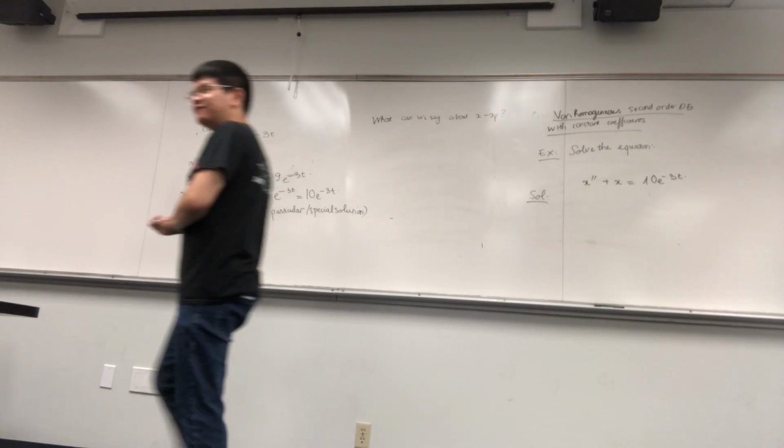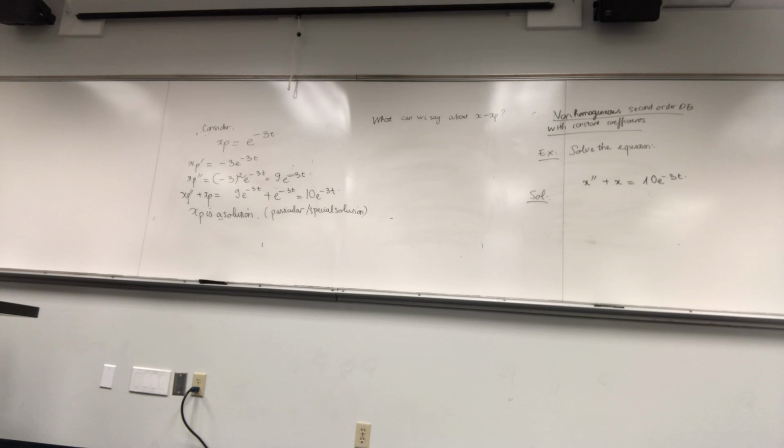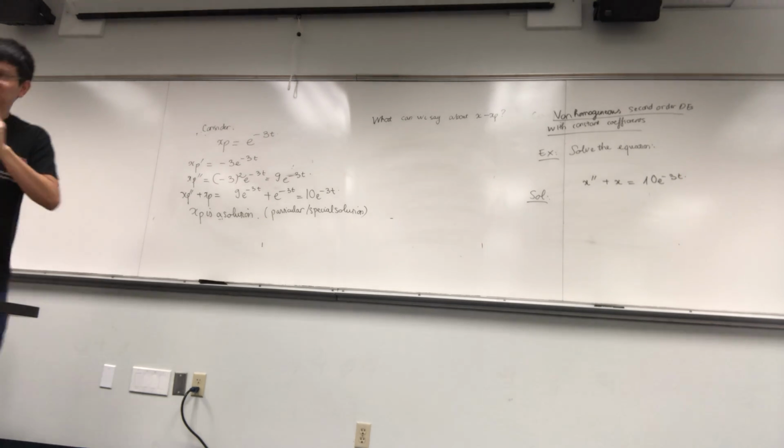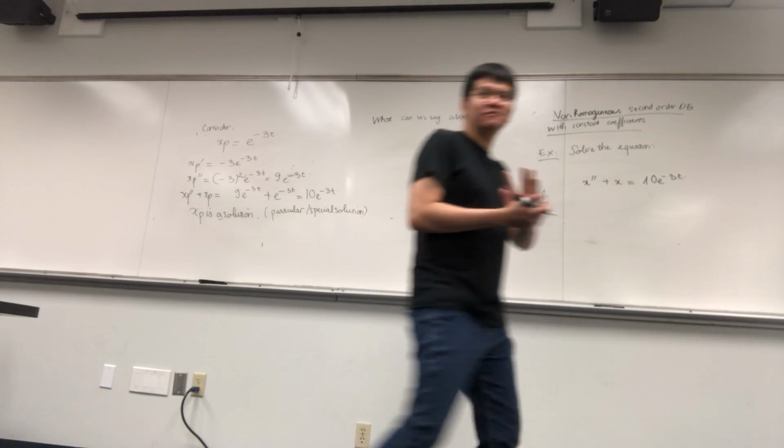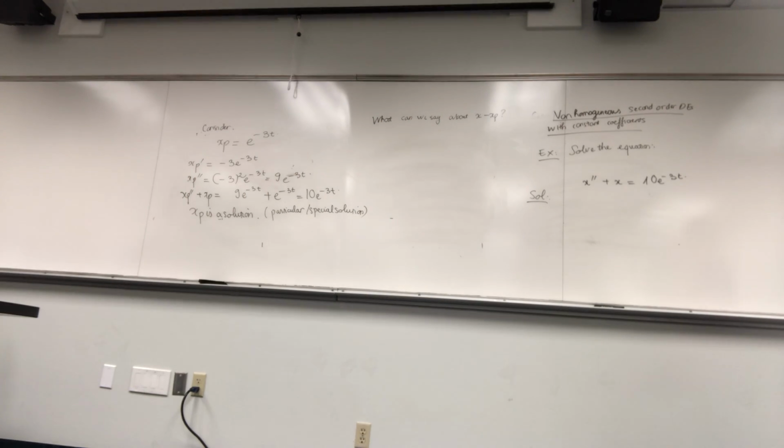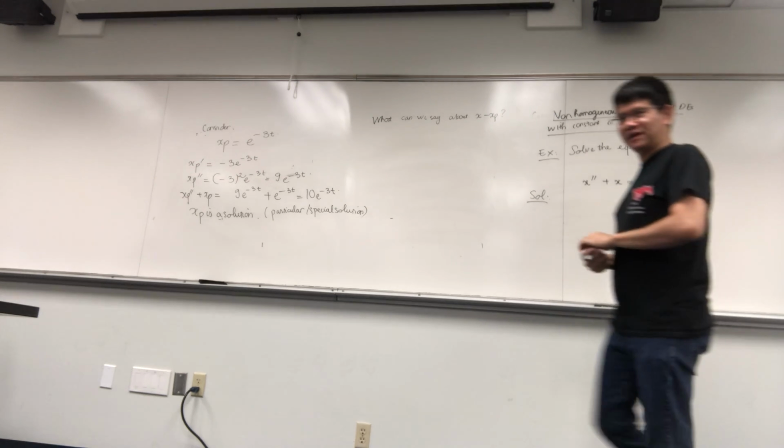What can we say about the difference between the two? Yes? Will it also be a solution because it's a linear combination of two solutions? This is almost true, but this is not precisely what is going on. This is close to the answer. So what happened with x minus xp?